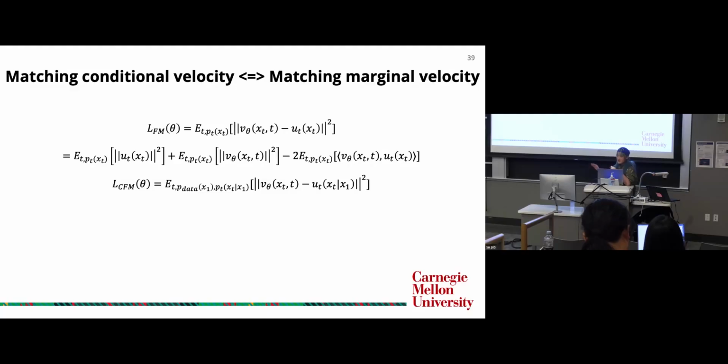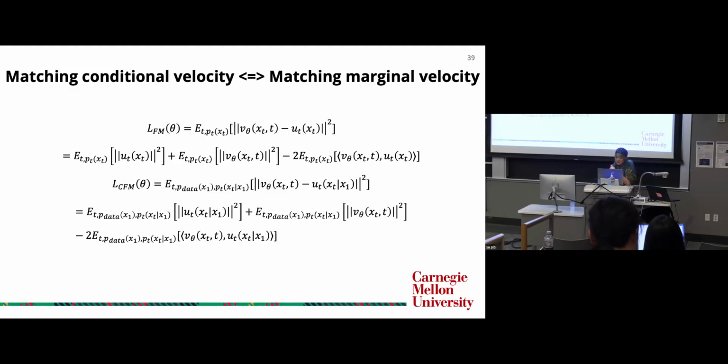And it actually turns out that if you just match the conditional velocity, you're actually going to end up with the same global optimal. Matching the ground truth marginal velocity is equivalent to matching the conditional velocity. Think about that. Isn't it pretty cool?